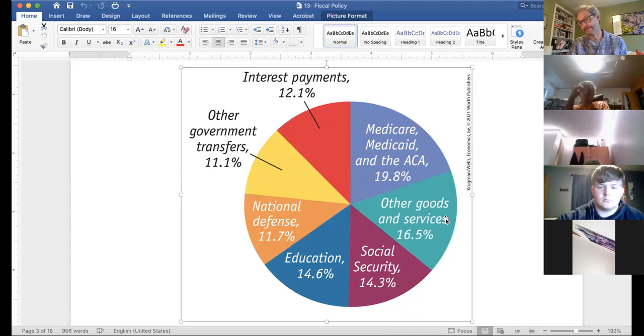Other goods and services, okay, there's about 17% of the budget. Social Security, very popular, particularly among old people who vote. Education, well, nobody wants to cut education. National defense, well, many people don't want to cut national defense. Other government transfer programs, okay, maybe some people want to cut those.